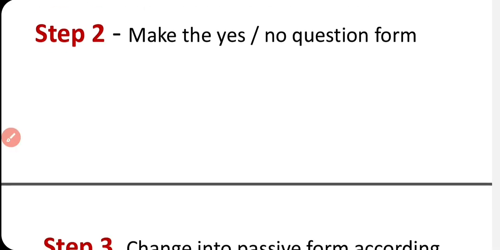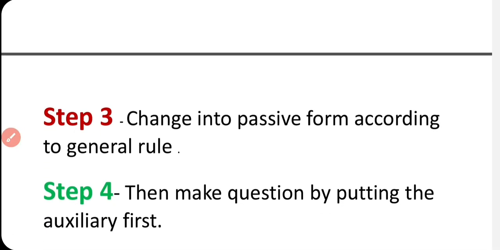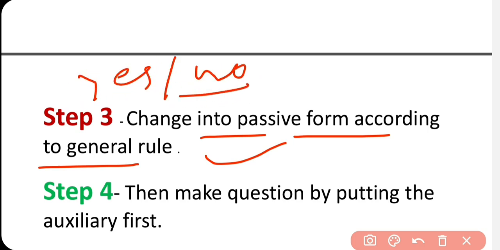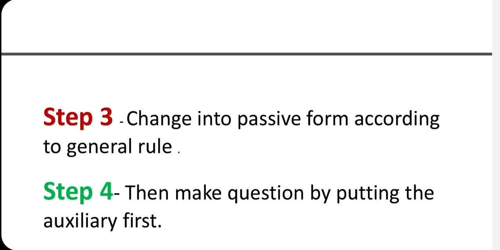Next, in step number 3, what is said? Change into passive form according to general rule. So after making it yes or no type question, you have to change the sentence into passive voice through the general rules and according to the tense.